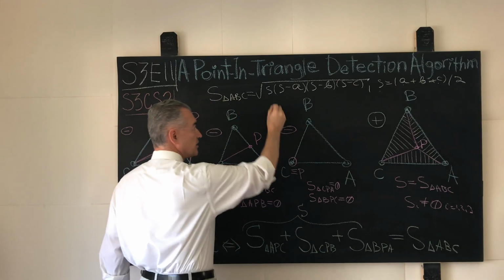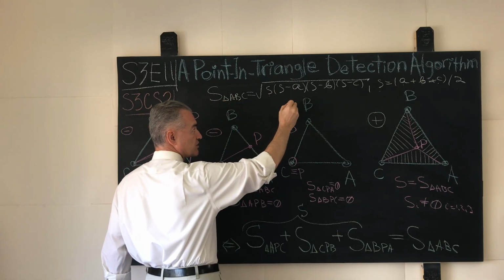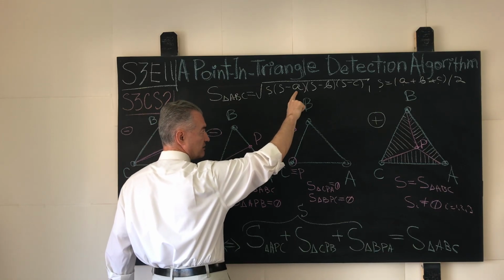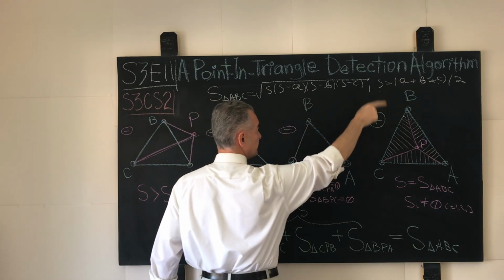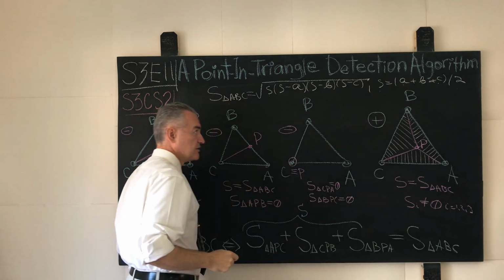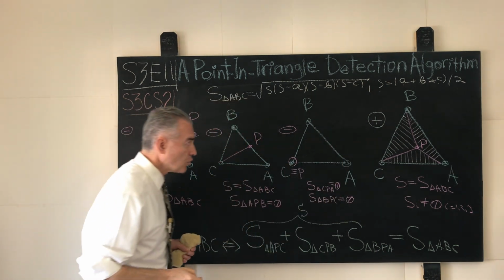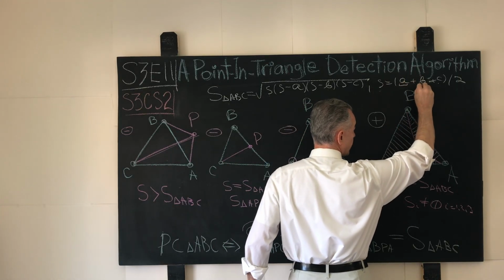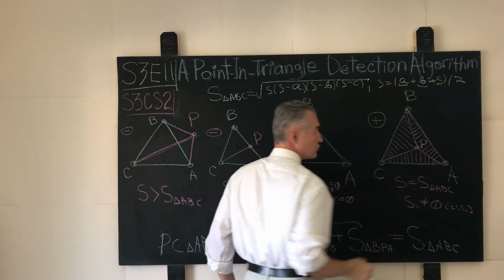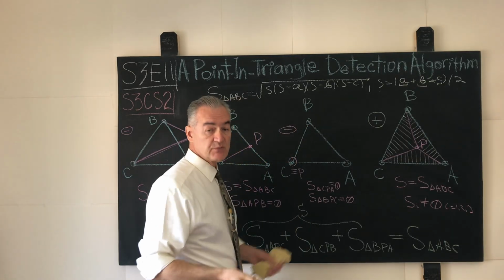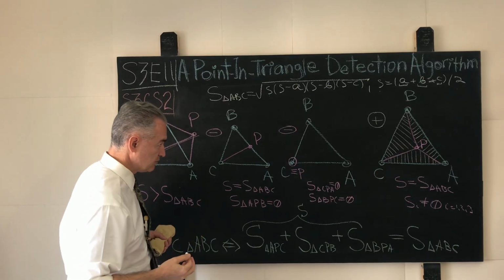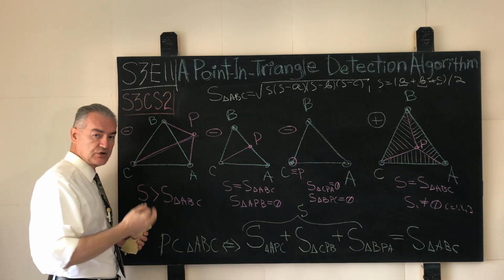And that semi-perimeter is multiplied in succession by the following differences between the semi-perimeter and the length of the side A, the length of the side B, and the length of the side C. We also know how to compute the length of all the sides A, B, and C based on the formula that we saw in the previous segment. That is technically one of the ways to supply a so-called Euclidean metric in 2 space.